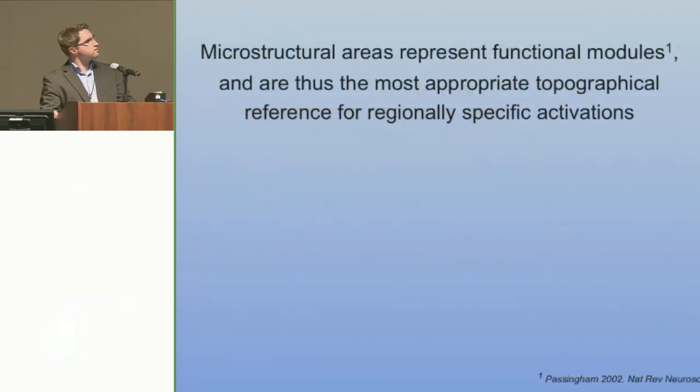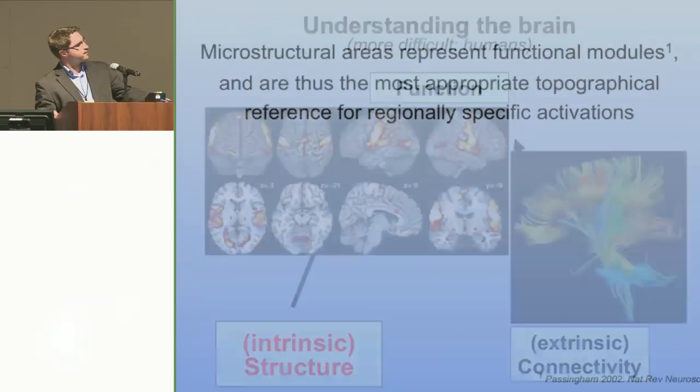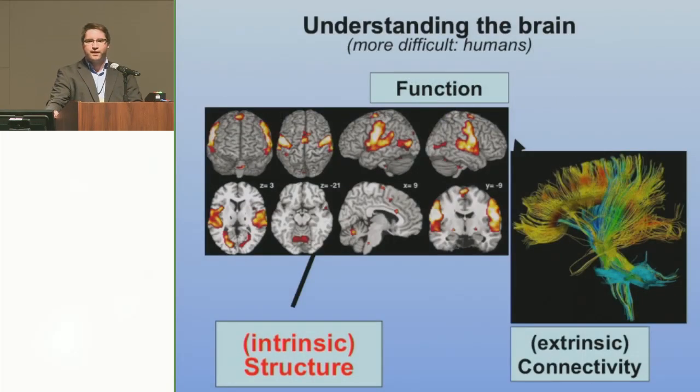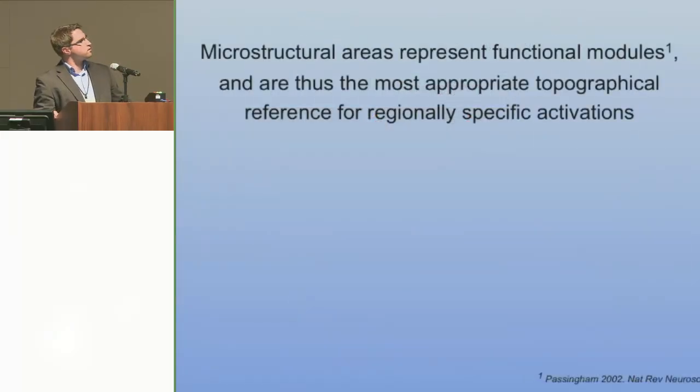However, I would argue that, oops, I expected something else here. Now, why is that important? It's important because microstructural areas should represent functional modules, and are thus the most appropriate topographical reference for regionally specific activations. Now, what do I mean by regionally specific activations?